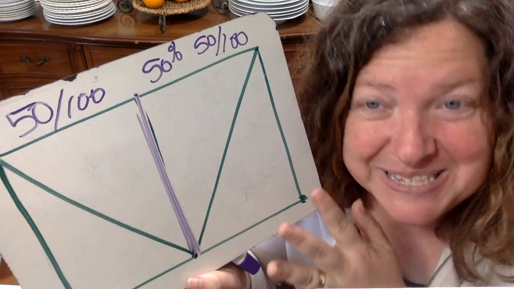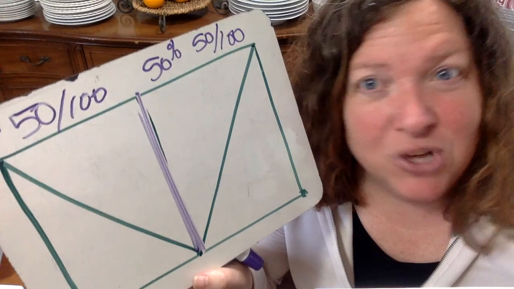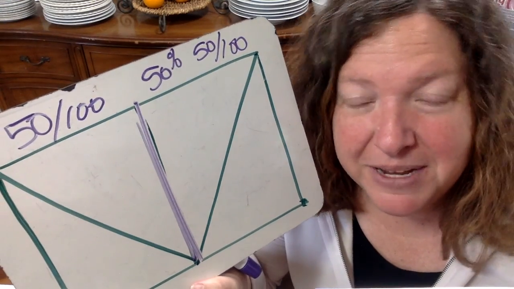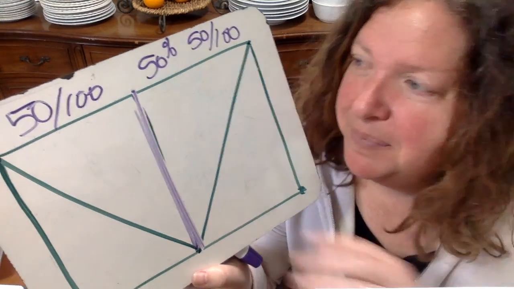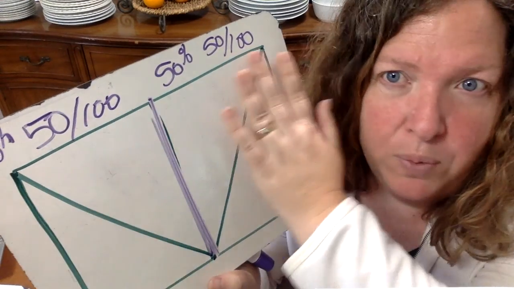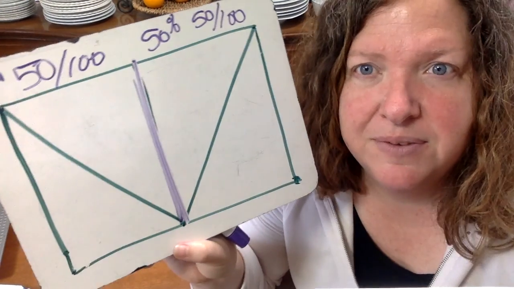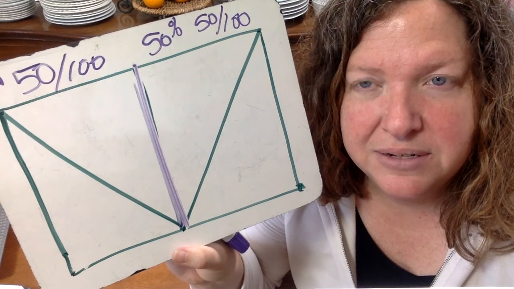Even if part of it's missing, like it was in the last example with my chocolate chip cookie bars, the whole thing still started out as 100. And then we ate some. So here, the whole pan of cornbread is 100. Each side is 50. Now what?